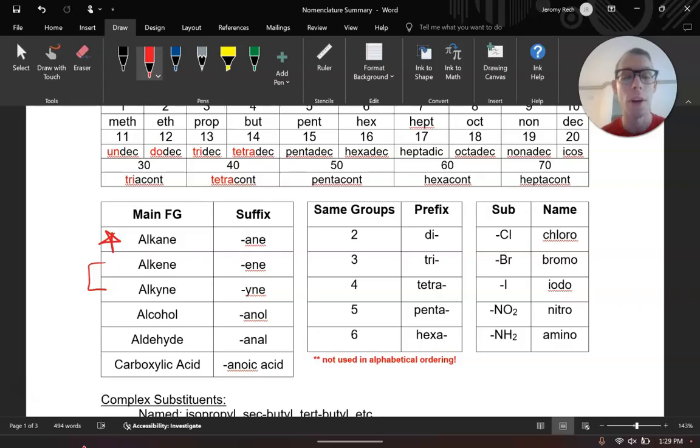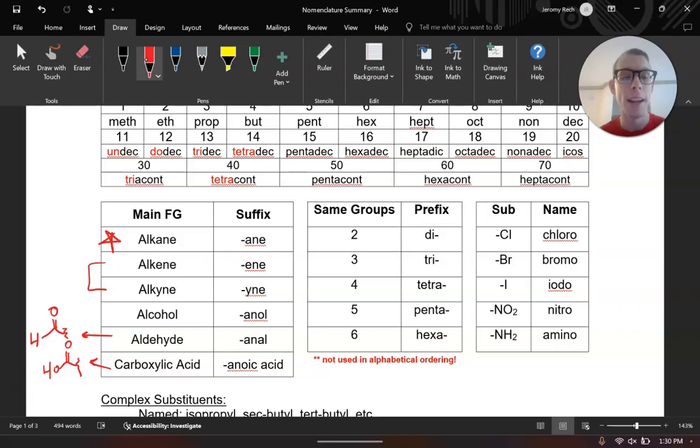You can also have an alcohol, which is going to be an OH, an aldehyde, which is going to be a carbonyl that has a hydrogen, and then your carboxylic acid, which is going to have, this looks horrible, a carbonyl with an alcohol on the side. So each of these are going to have a unique suffix, and that suffix is going to be way at the end of the word.